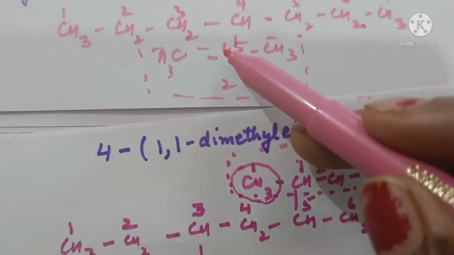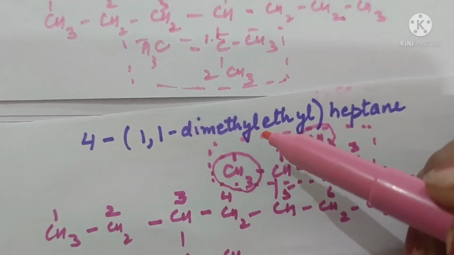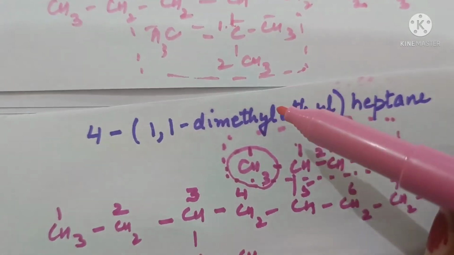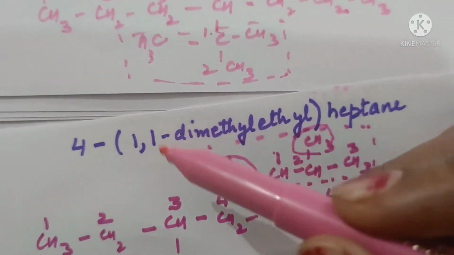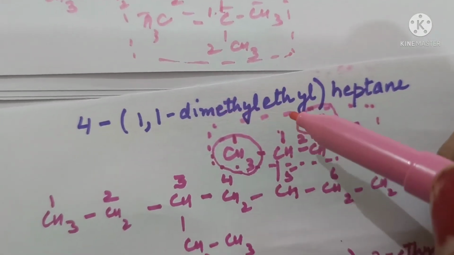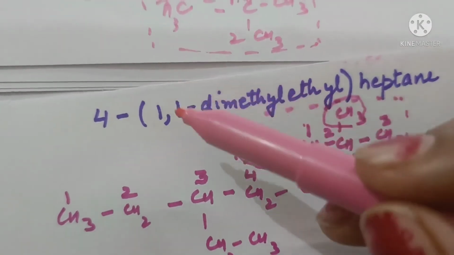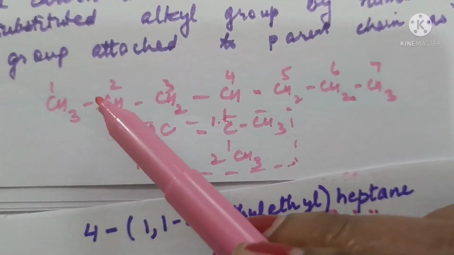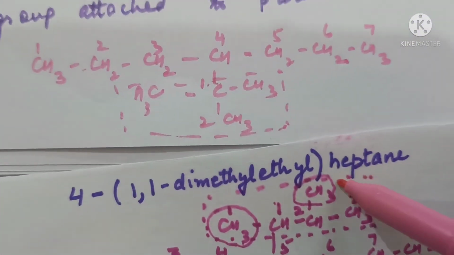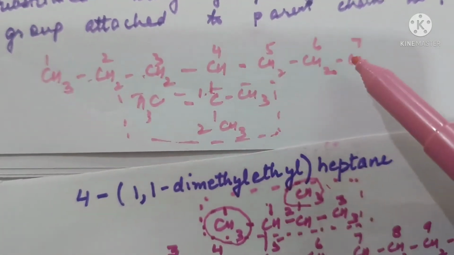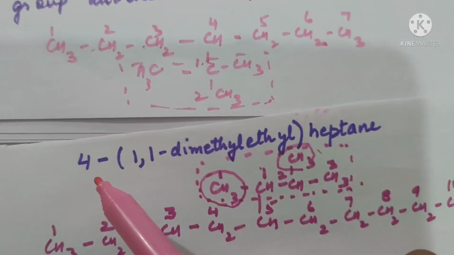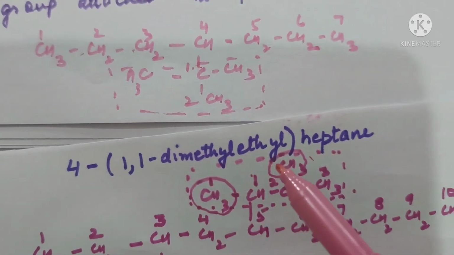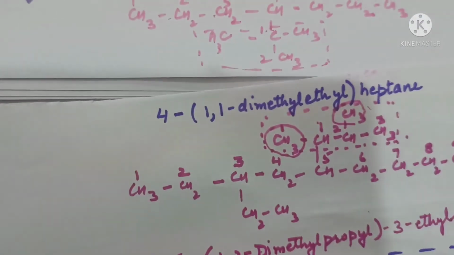And the name will be 1,1-dimethyl, because it's a 2 carbon chain, ethyl. So the name of the complex substituent is 1,1-dimethyl ethyl. It's placed in brackets and thereafter we name the word root. For 7 carbon atoms it is hept, and then because all are single bonds, -ane. So the name will be 4-(1,1-dimethyl ethyl) heptane.